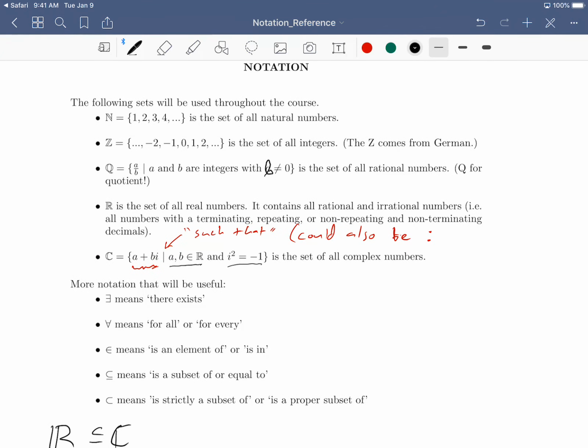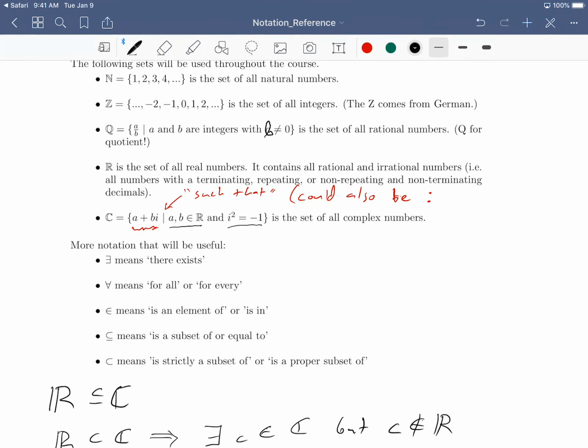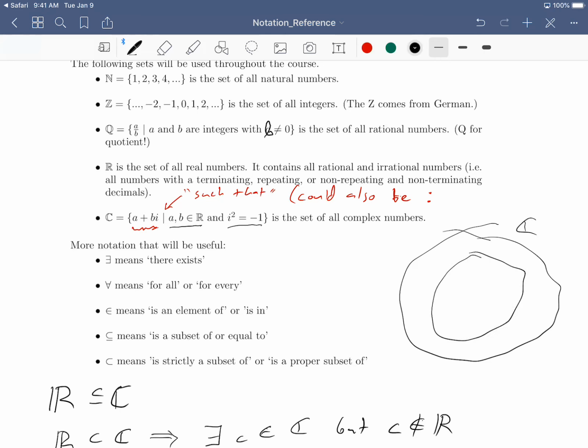Let's use some of these sets up here and draw a little Venn diagram of them. So the biggest of these sets of numbers is the set of complex numbers. And then inside it would be the real numbers. That's a subset of C. Inside the real numbers, the rationals, Q, are a subset of R. And then the integers are a subset of the rationals, and the natural numbers are a subset of the integers.